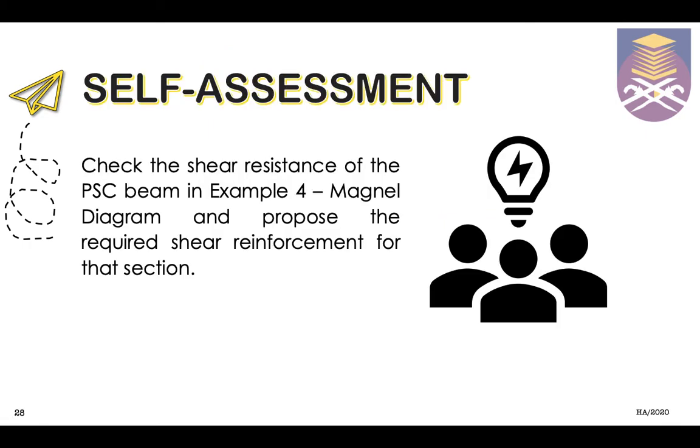As for self-assessment, I want you to check the shear resistance of the pre-stressed concrete beam in the example 4 Magnel diagram that we have used previously. In the example we have already determined the pre-stress force, and using that value, I need you to check the shear resistance, whether we are going to require the shear reinforcement or only the minimum reinforcement, then try to propose the required shear reinforcement for the section.